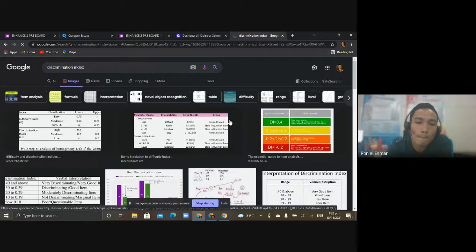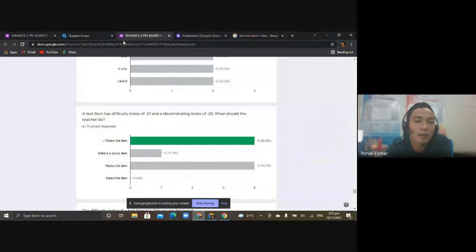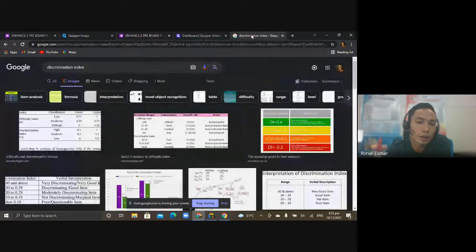If it's less than 0.15, the interpretation is poor, which means the item should be revised or discarded, because maybe the test item is too easy. Next, if it's less than 0.15 and the given data that we have is 0.51 and 0.25, this item should be retained, because it is not below 0.15.